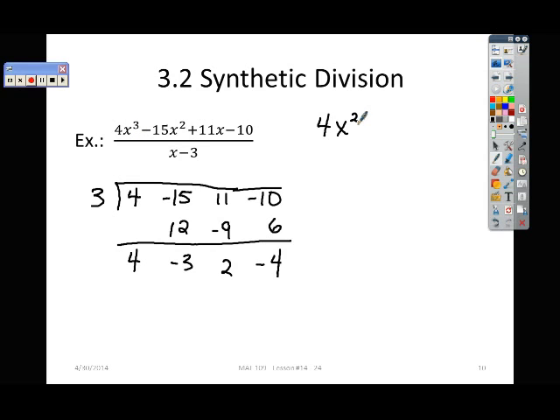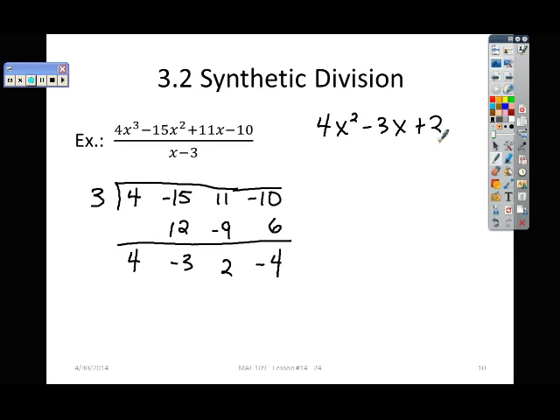Then I just walk down the exponents. So I'm going to get minus 3 and x to the first power, because the next one after 2 is 1. Then I'm going to put plus 2. I mean, it's a positive 2, so it's a plus 2. And I've run out of x's, so that's my constant term.